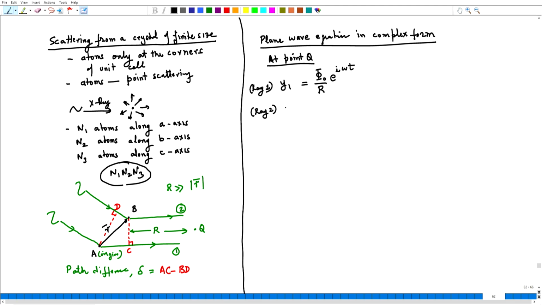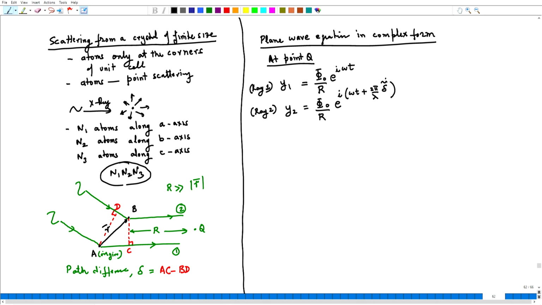I can write it by adding a path difference, which could be written as phi 0 upon r, e to the power i omega t plus, now I add what is called a phase difference, which is nothing but 2 pi by lambda times the path difference.